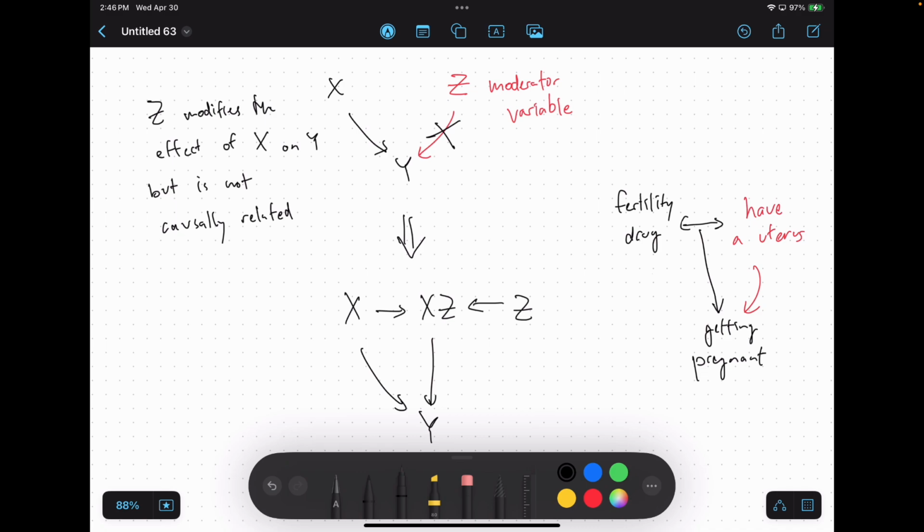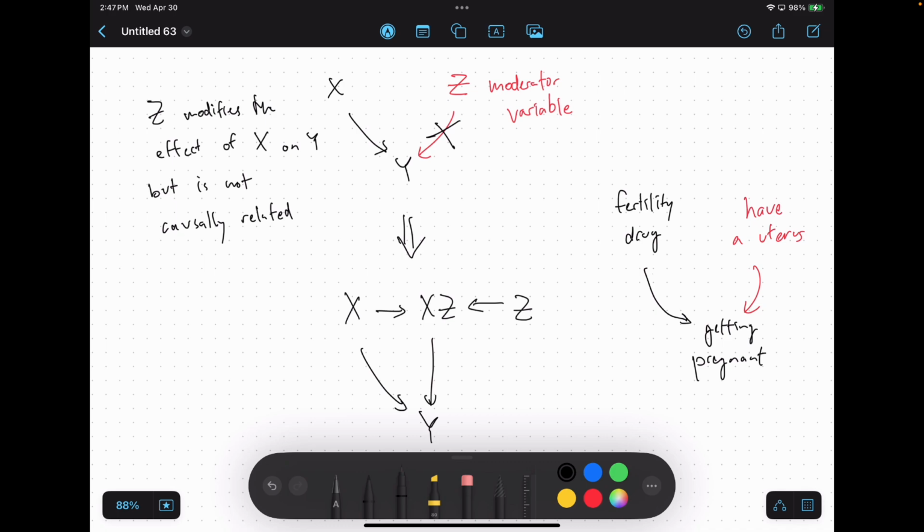Oh, no, I had it right. Just because you have a uterus doesn't mean you get pregnant, but that's the moderator that allows you to get pregnant. But just because you take a fertility drug also doesn't mean that you get pregnant, right? Well, without getting into too many gory details, if you're trying to get pregnant, let's say. You know about birds and bees?